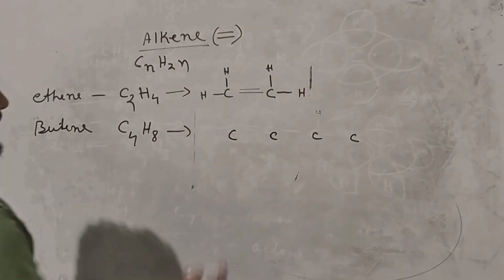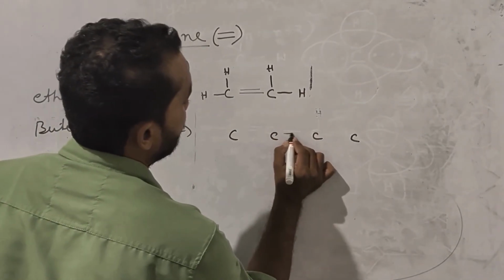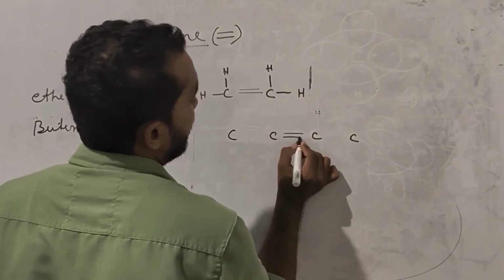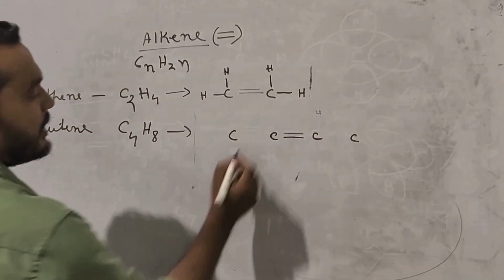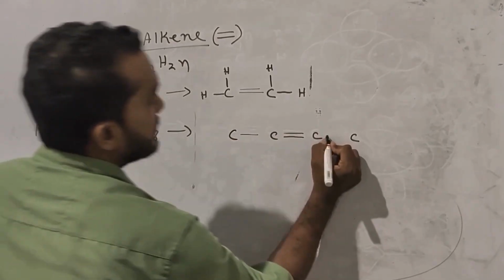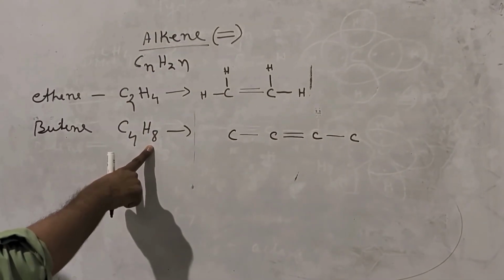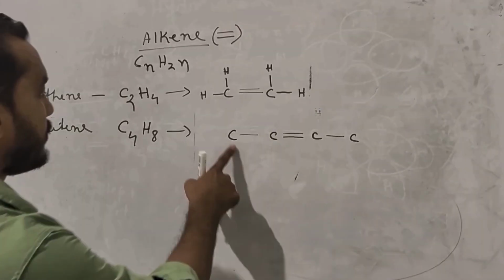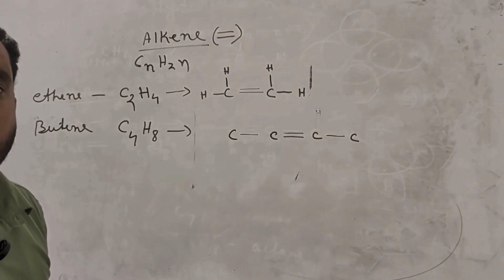You can give it here, or here, or here. Let me put the double bond here. If I put a double bond here, in the rest of the places between carbon and carbon I can place only single bonds. Now you check, the total number of hydrogens is 8. Now with this carbon, how many bonds are there? 1. And how many more bonds can they form?